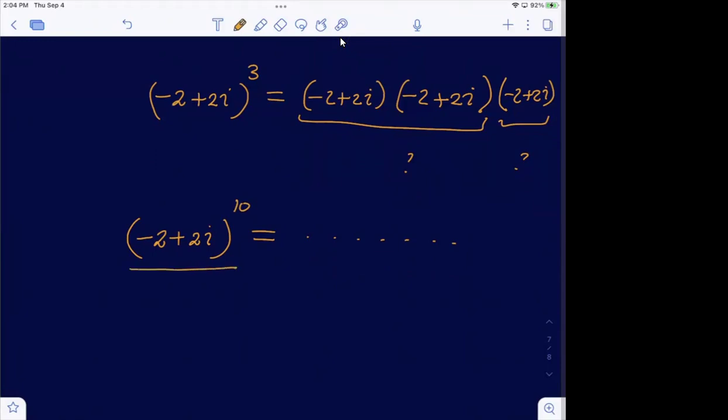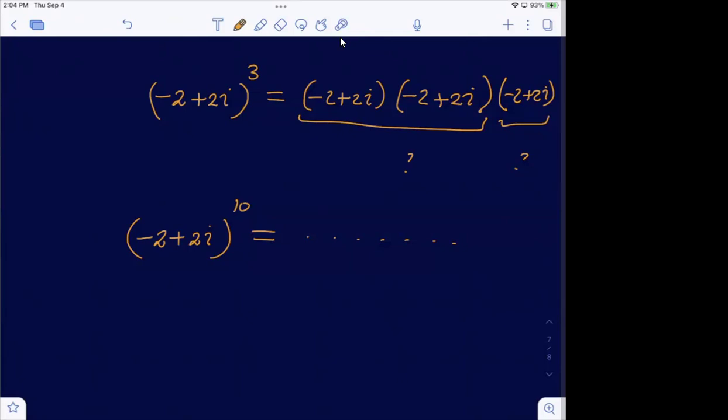There are easier ways of simplifying powers of complex numbers other than just doing it algebraically and separately. We will talk about that in more detail when we get to a later section on De Moivre's theorem. We get to know an efficient way of computing higher powers of complex numbers.